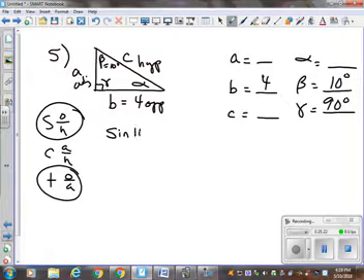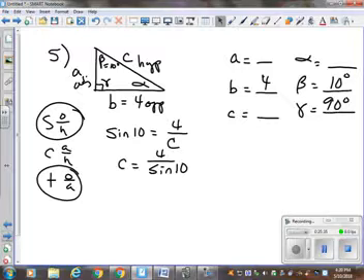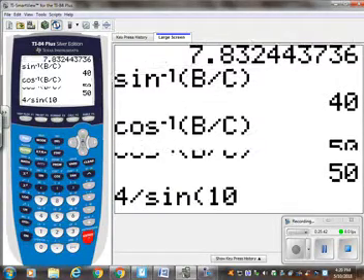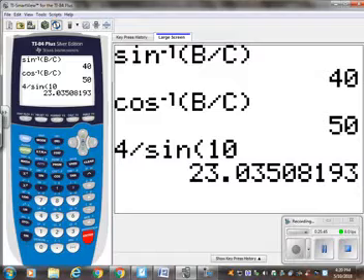So the sine of 10 degrees is equal to opposite 4 over hypotenuse C. Now when the letter is missing on the bottom, you switch the diagonal, and that allows you to solve your ratio quickly. You go to your calculator and you type 4 divided by sine of 10. I got 23.0. I'm going to store that.